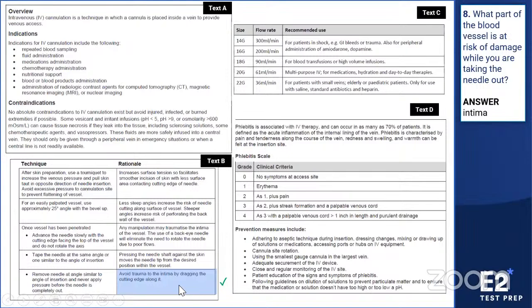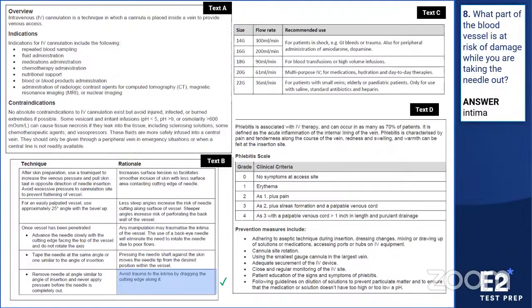A lot of people got intima very quickly for this one, which is the part of the blood vessel at risk of damage while taking the needle out. And here we could find this because of the synonym for damage. What's the synonym for damage at the bottom there? Can anyone say in the chat, what's the synonym for damage that could help us to scan for the right area to look for?